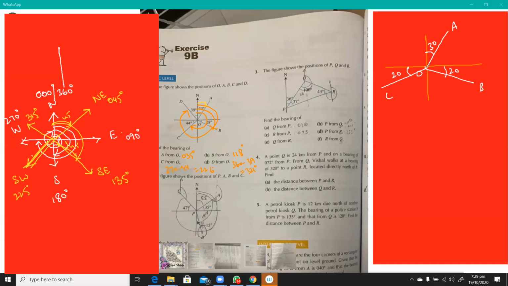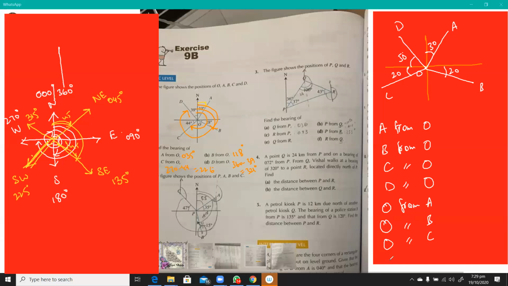And this one is 50 degrees. Okay. So you find the bearing of A from O, B from O, C from O, D from O. And then you find O from A, O from B, O from C. You find these bearings.